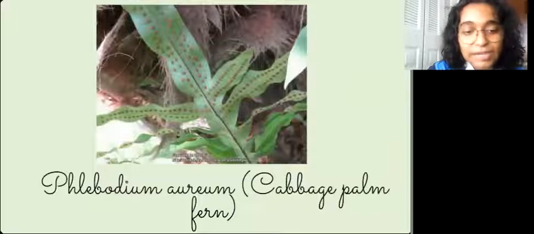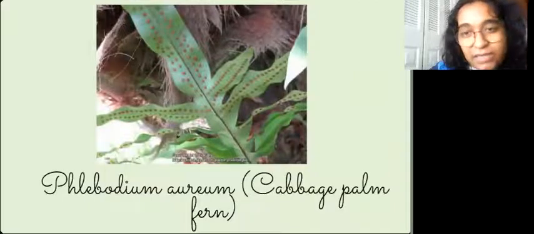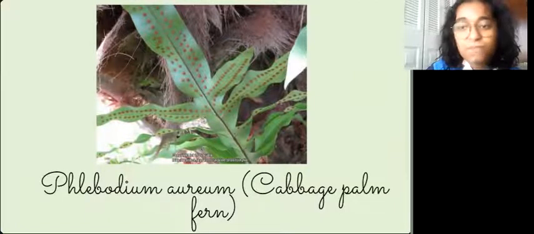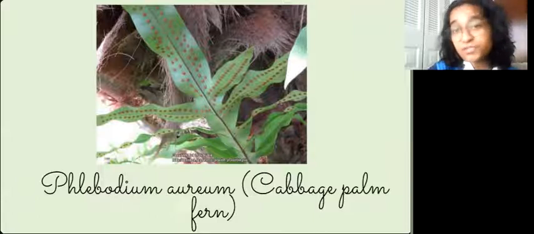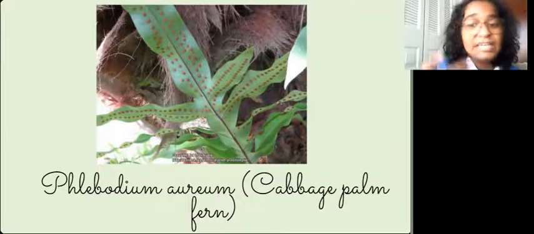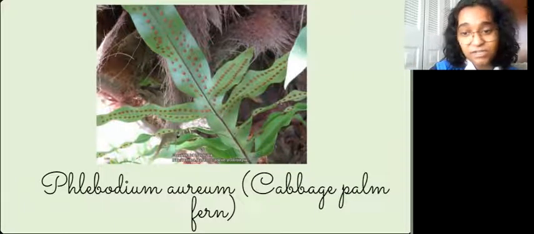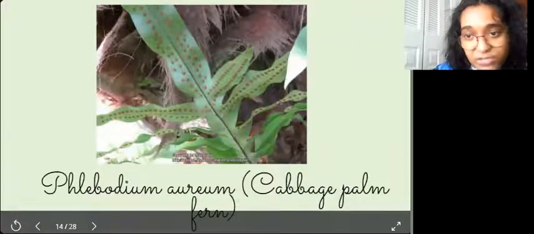So the fourth one is another example, but it's good to know. The cabbage palm fern is one of the most useful ferns there are in the world because it is used for the skin, Alzheimer's disease, dementia, memory loss, coughs, and autoimmune disorders.